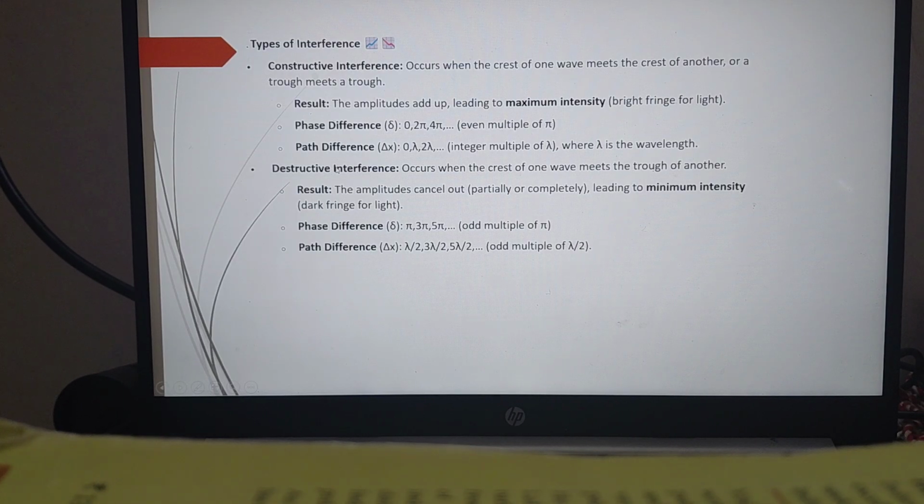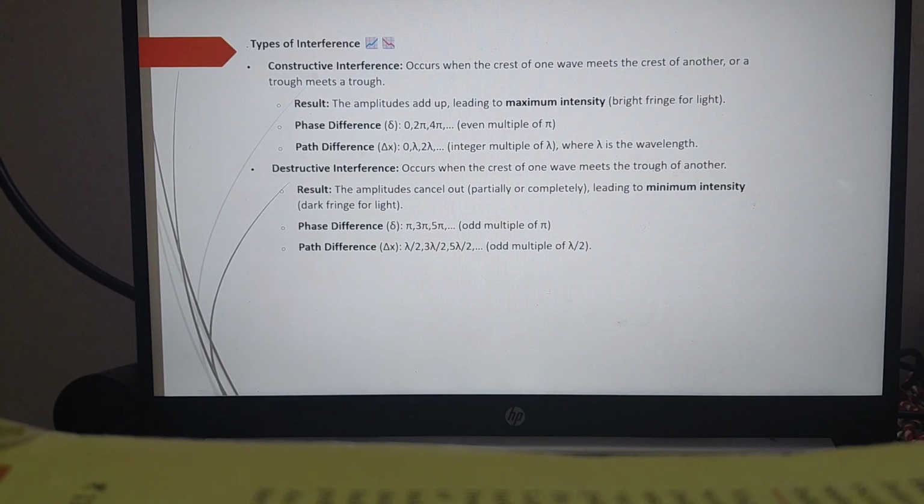Coming to destructive interference, the crest meets the trough. In constructive interference, the crest meets crest and the trough meets trough, and the result is maximum intensity.